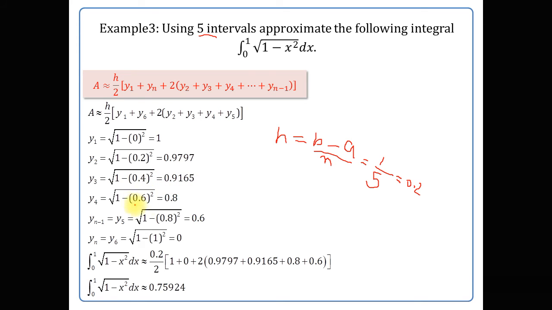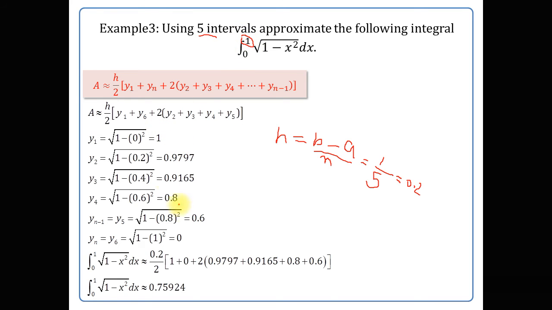Now putting 0.6 in the given function, the value is 0.8. Similarly, putting 0.8, the value of the function is 0.6. Now 0.8 plus step size, the next value is 1 and the function value is 0. So x is equal to 1 means this is the last value.